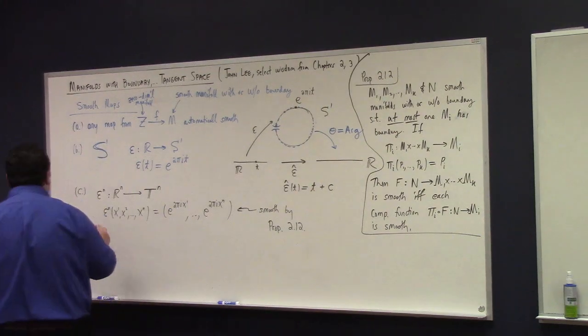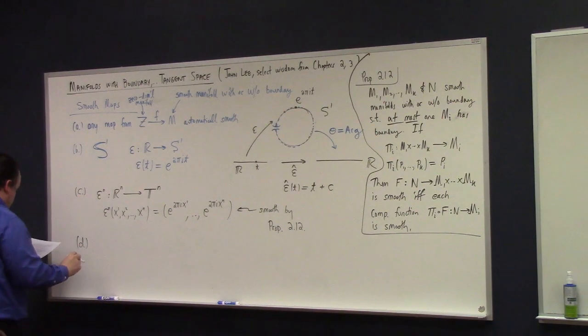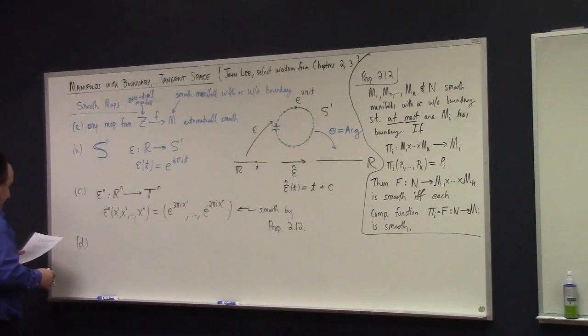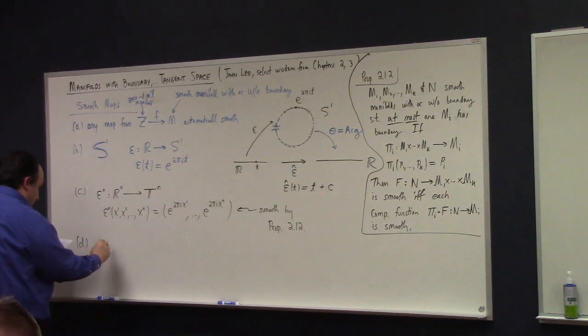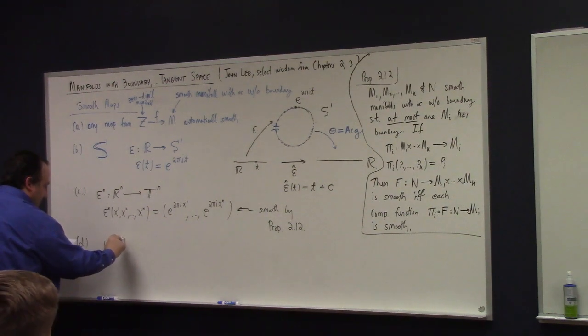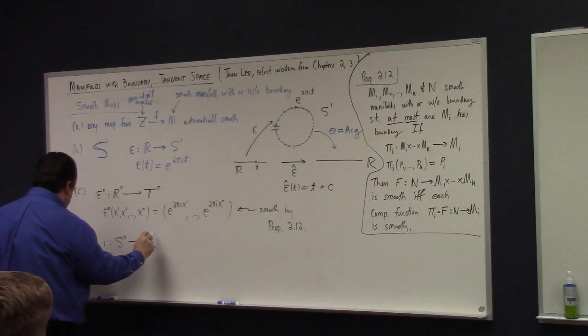D. If we have the n-sphere Sn with its standard smooth structure, the inclusion map. So this symbol frustrated me as an undergraduate. I've only slightly mellowed to it, but it's not i, it's iota, all right?